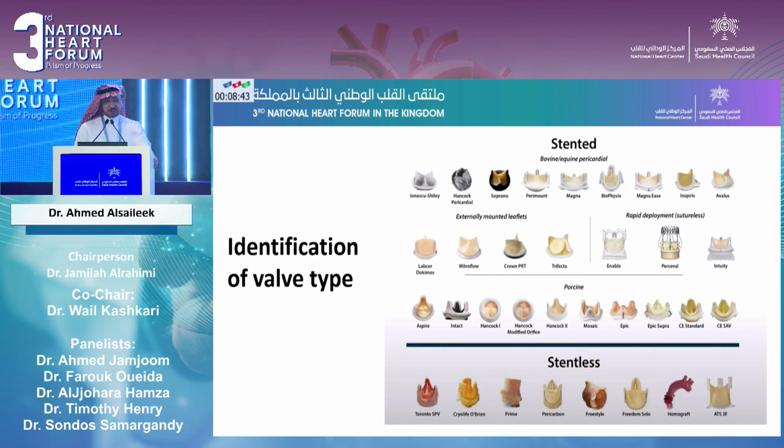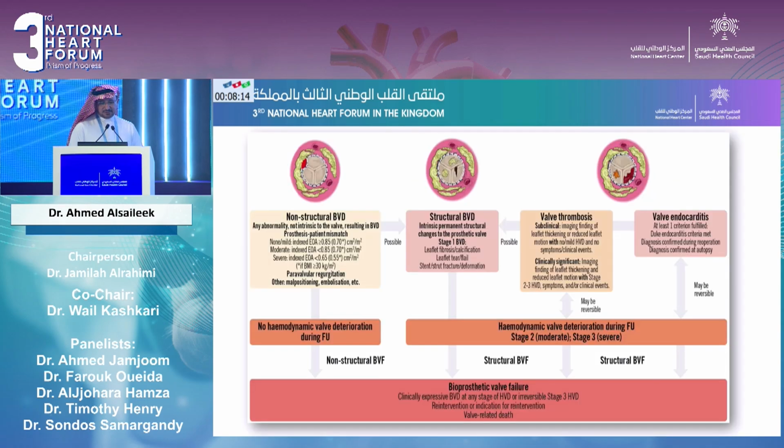But if there's no surgical report, you have to familiarize yourself with what type of bioprosthetic valve you are trying to assess, stented and non-stented. The problem is that some valves have a lot of radio-opaque material, and some of them have very little radio-opaque material. So it's very important to identify these valves.